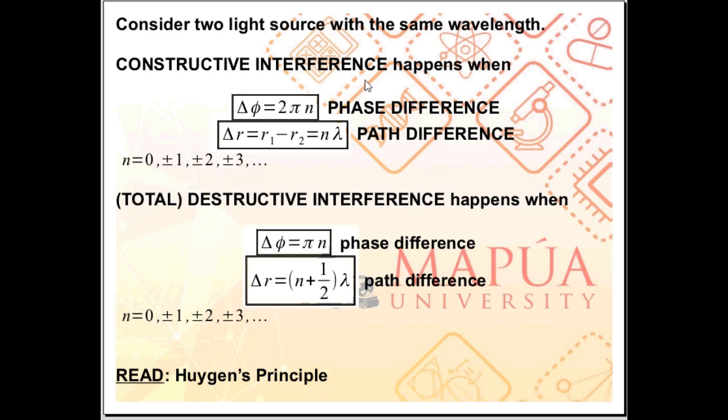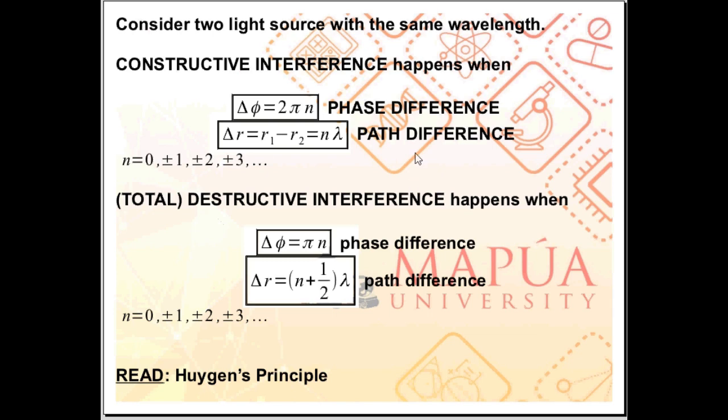In constructive interference, you have the addition of the amplitudes of the waves, and in destructive interference, you have the subtraction of the amplitudes of the waves. In terms of intensity, the intensity increases if there's constructive interference, and decreases if there is destructive interference.